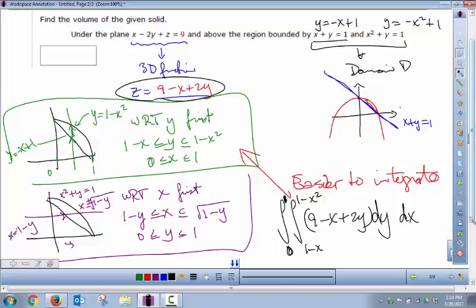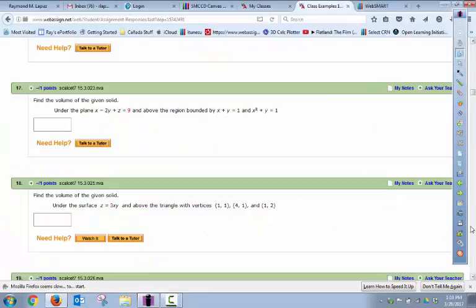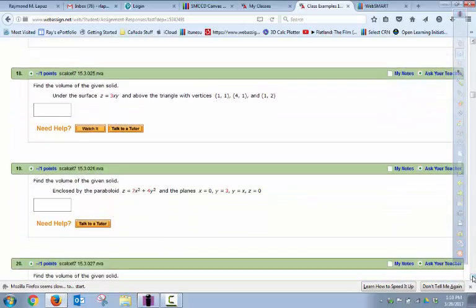All right, let's take a look at a couple more. So number 18 is similar to that triangle one, which will kind of force us to come up with equations of lines. But let's see how this is going to work out. Let's do number 18.